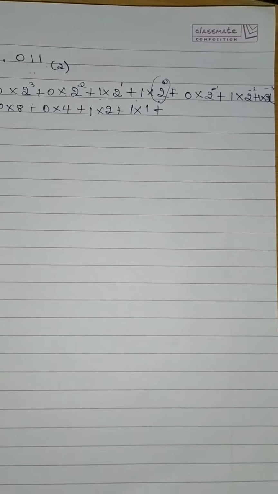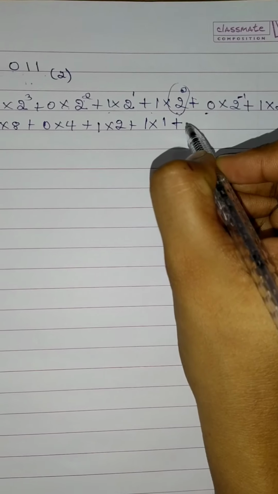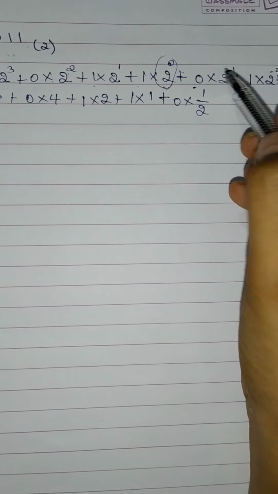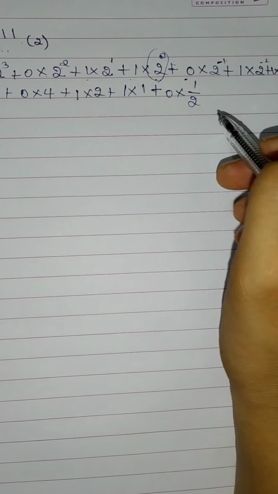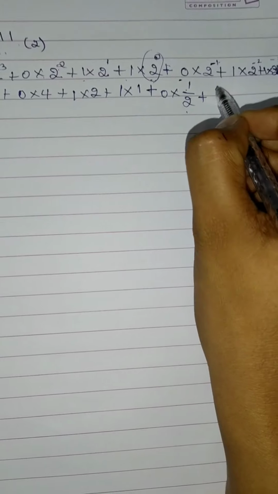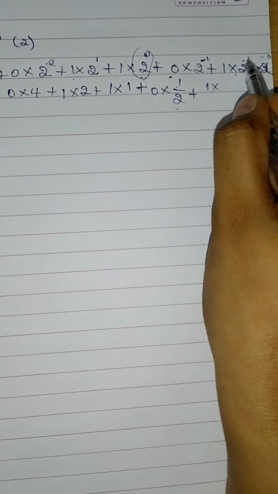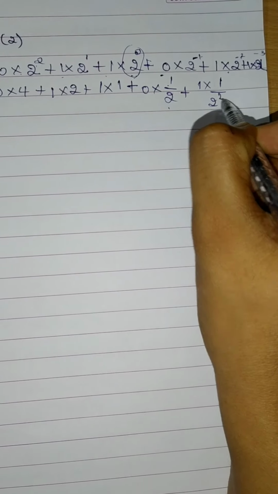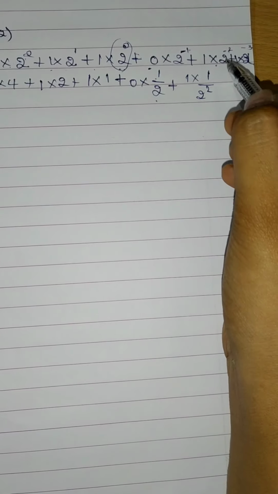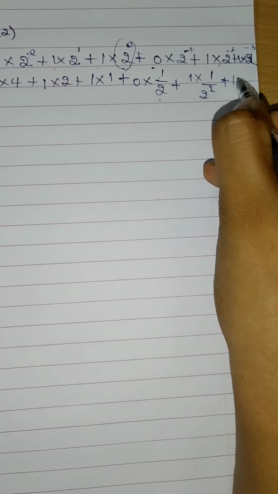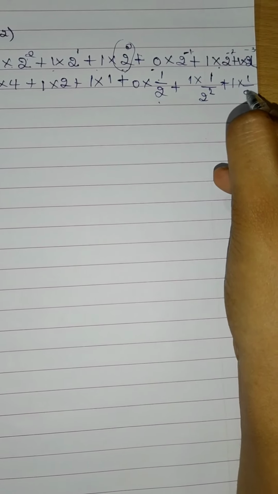So what we have to do here, we have to take 0 into 1 divided by 2. Okay, so we are inversing this one. So 1 by 2 plus this, then 1 into 2 power minus 2, so that is 1 by 2 power 2. Okay, so reciprocal in the sense it's going to give the positive value. Then 1 into 1 by 2 power 3.